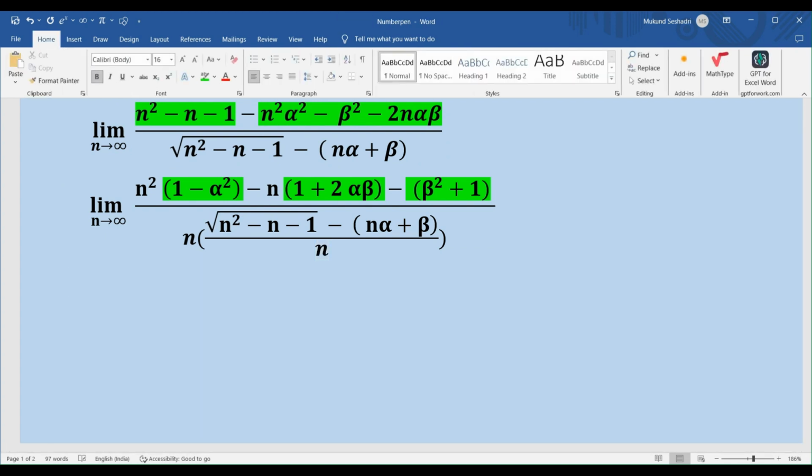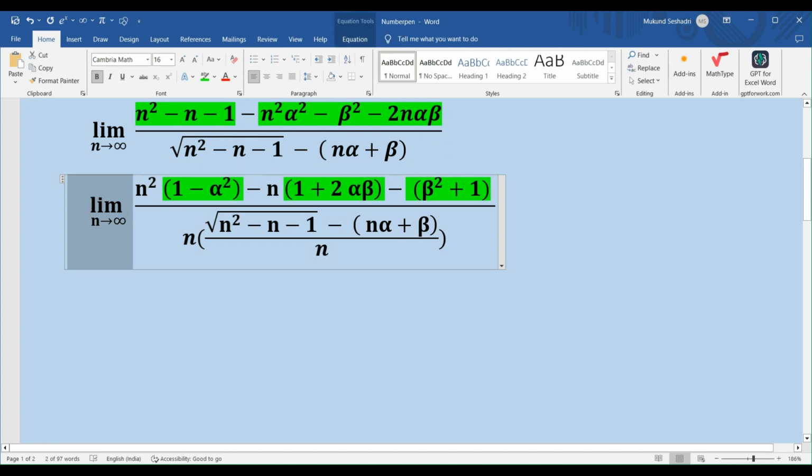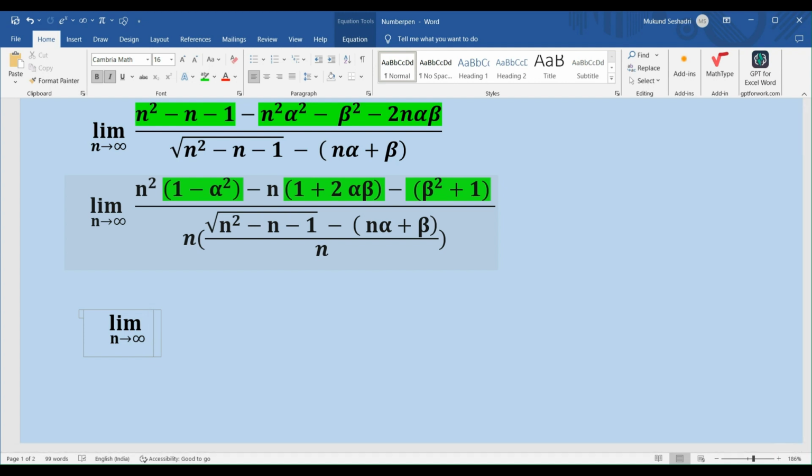So what happens now is my limit n tends to infinity. This n, I take it inside the square root term. And when I take it inside the square root term, I will have to rewrite this as square root of n square minus n minus 1 divided by n square.